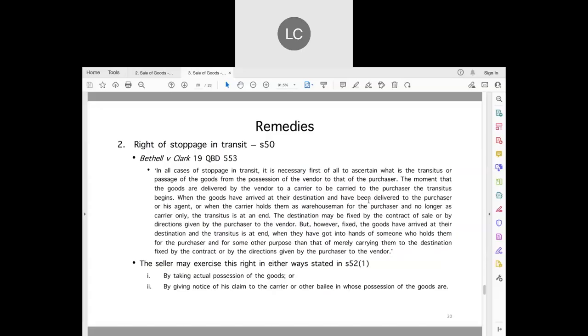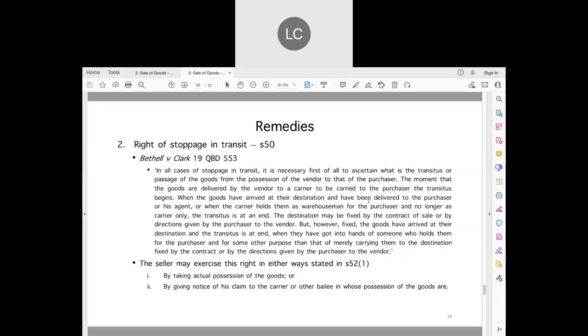That's either by taking actual possession of the goods or by giving notice of his claim to the carrier or other bailee in whose possession the goods are. So when the seller wants to exercise his right of stoppage, he can go and take the goods back from the carrier, or he can give notice to the carrier.